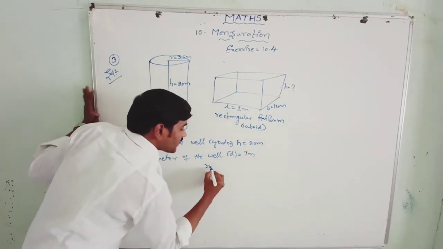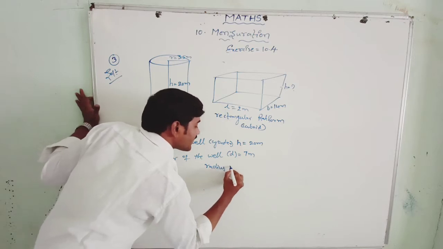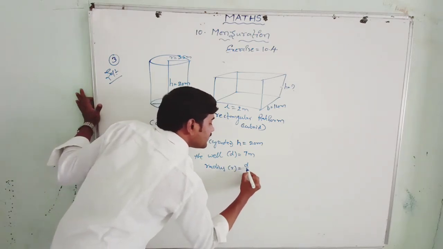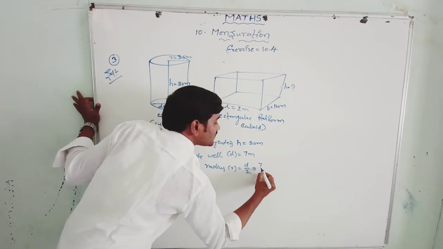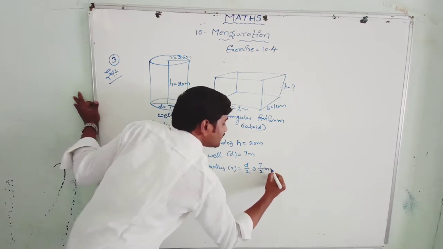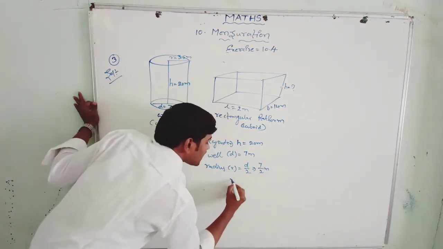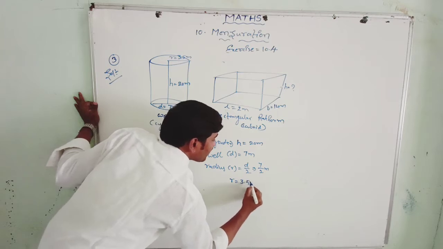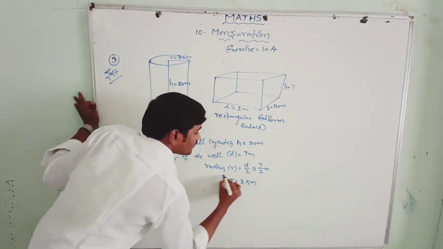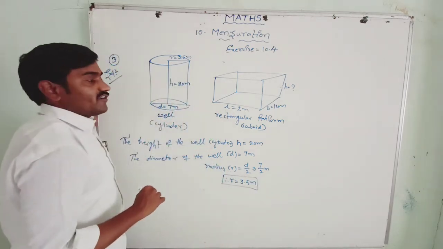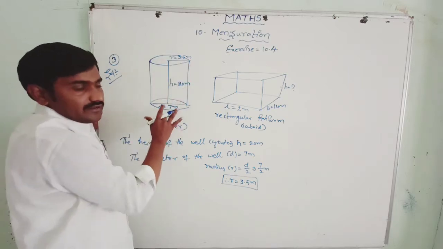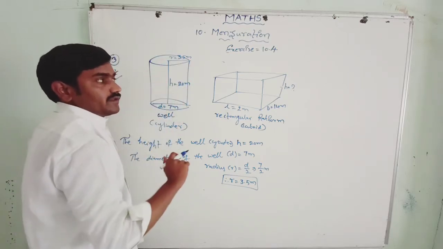Then the radius r is d by 2, that is 7 by 2 meters, nothing but the radius r equal to 3.5 meters. That is the radius of the well, nothing but the radius of the cylinder.